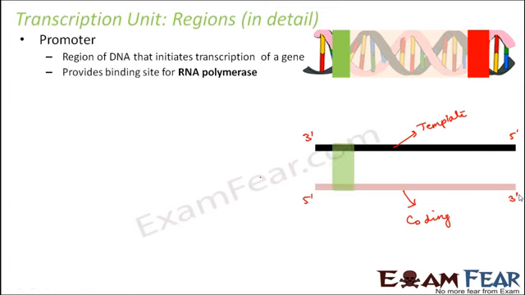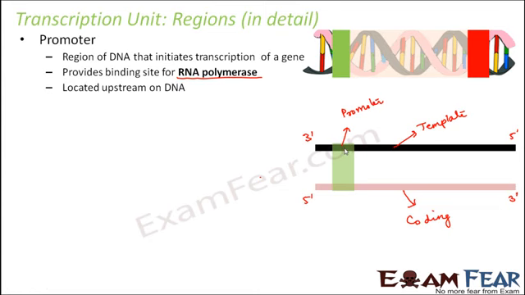This is where the promoter lies. It provides the binding site for RNA polymerase. Just as DNA polymerase played the leading role in DNA replication, in transcription the leading role is played by RNA polymerase. RNA polymerase binds to the transcription unit at the promoter, and only once it binds can it start transcription.